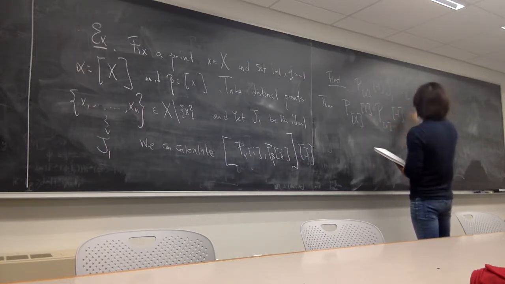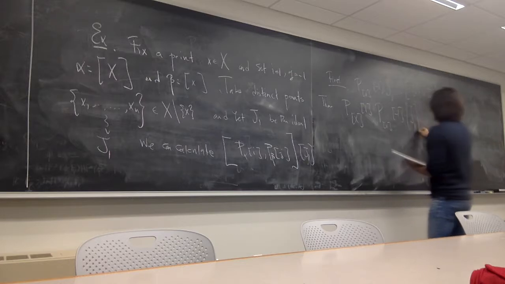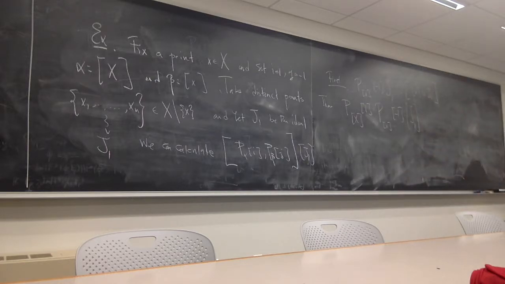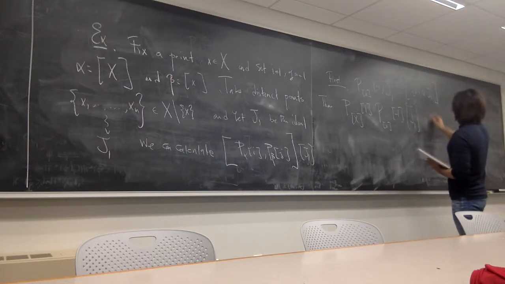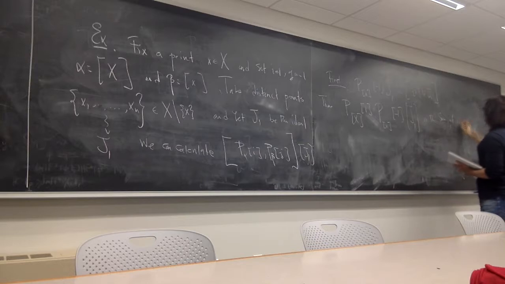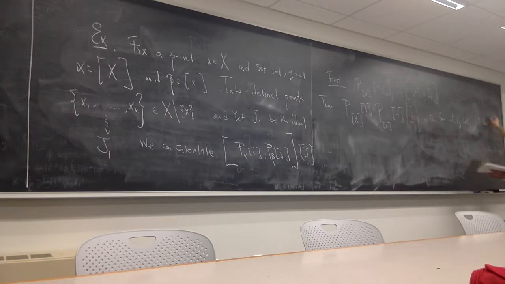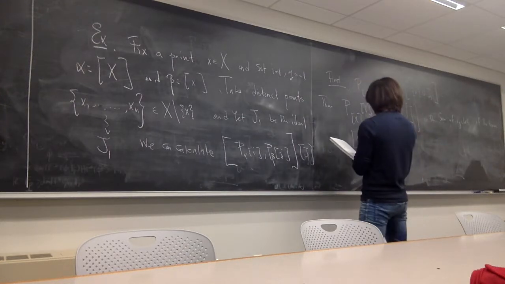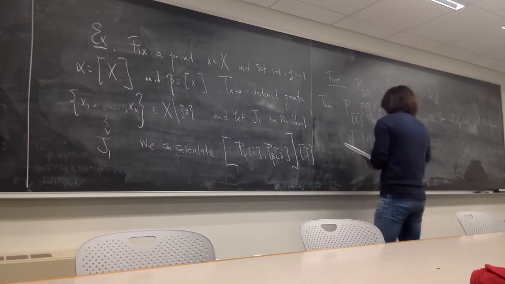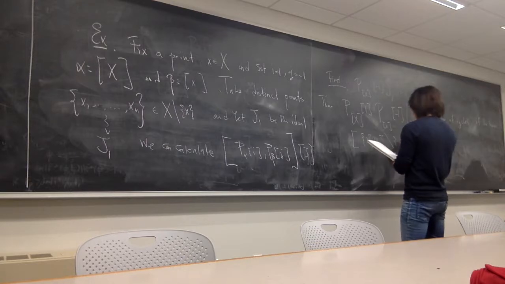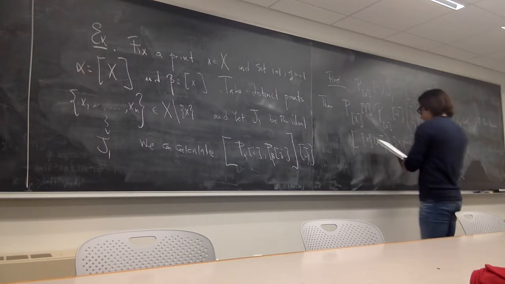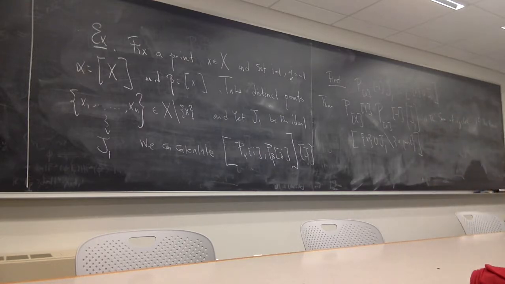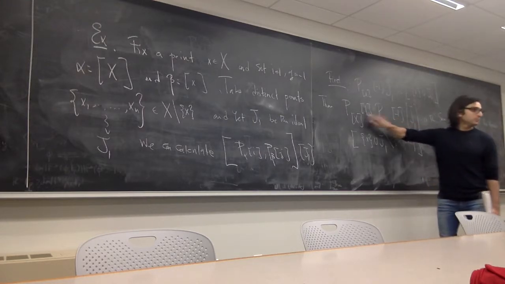If I look at the product of these and act on the class of J1, that is the sum of cycles of the form little x union J1 missing a point. Do you agree? Because this removes a point.